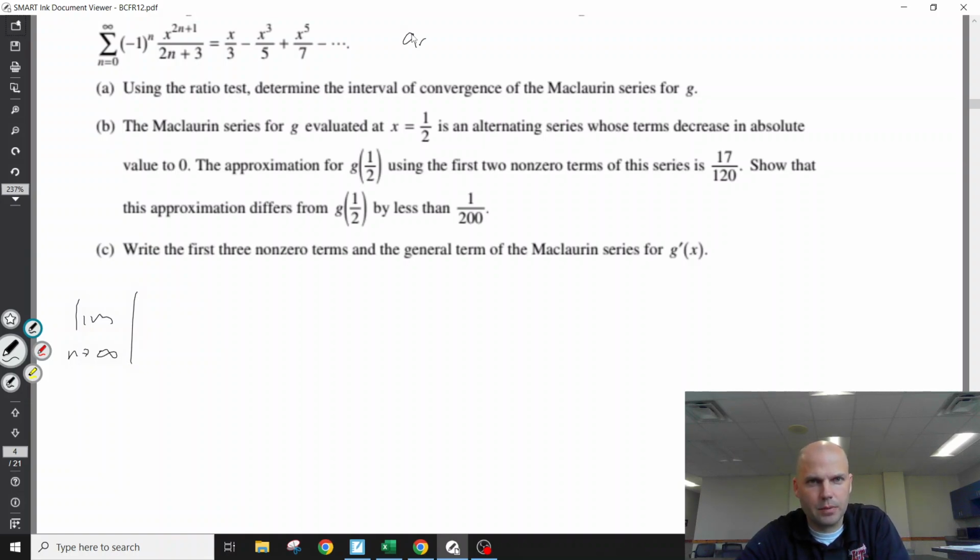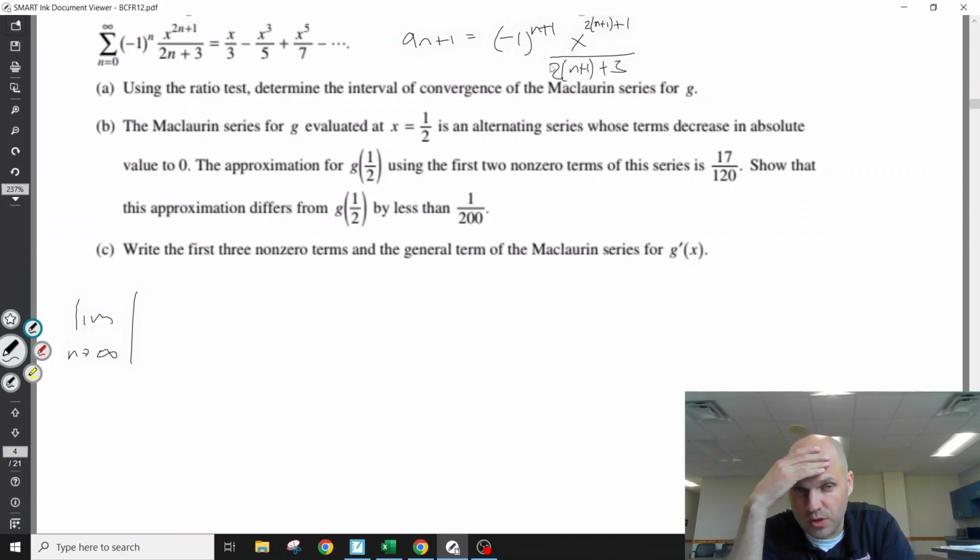Let's write down a to the n plus 1. I don't have to worry about the negatives. Ooh, x to the 2, n plus 1, plus 1, 2, n plus 1, plus 3. This is where we're going to have some things with odd powers and stuff like that. Yeah, you see kind of odd powers here.